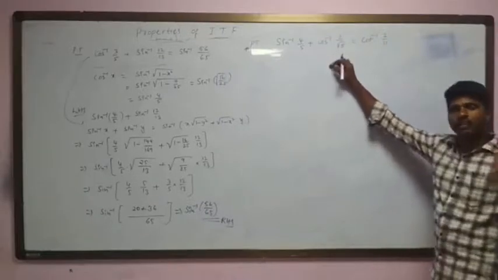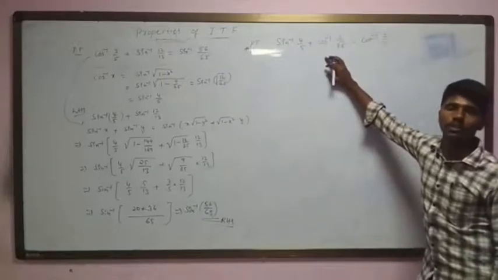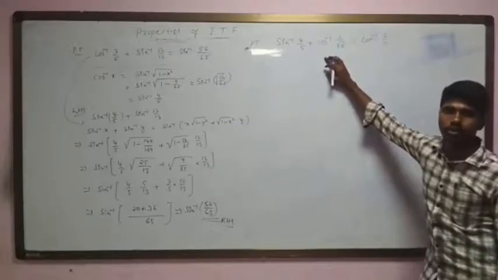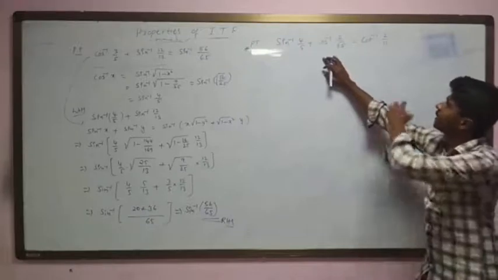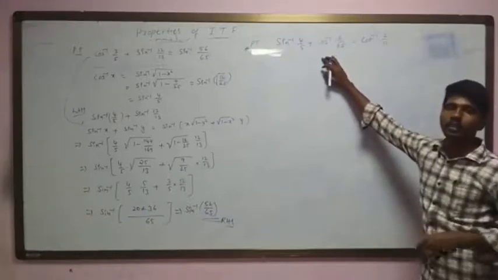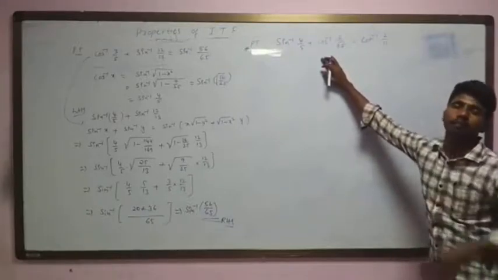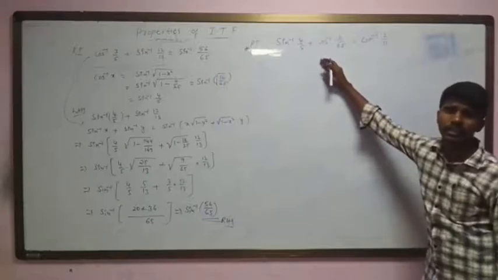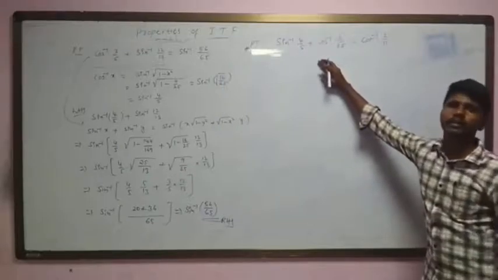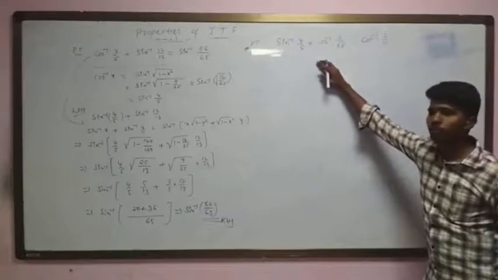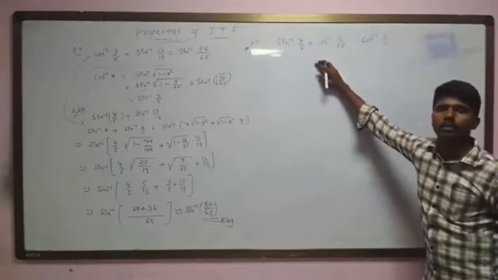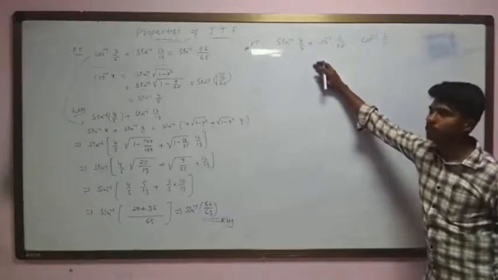After that, we can convert that cos in terms of cot. It's one procedure. All three we can convert in terms of tan, then we can compare. So in these two methods, the second method is suitable, which is simple.